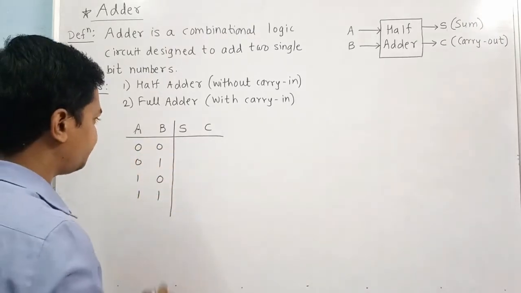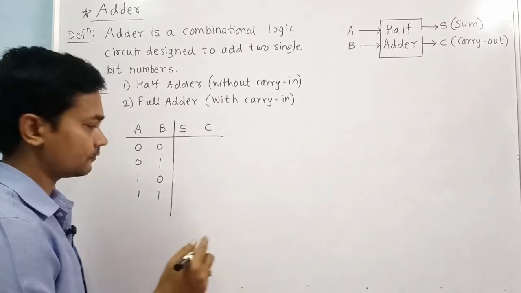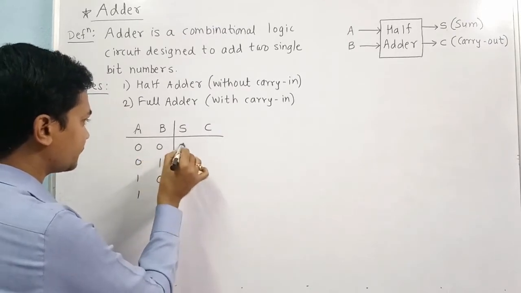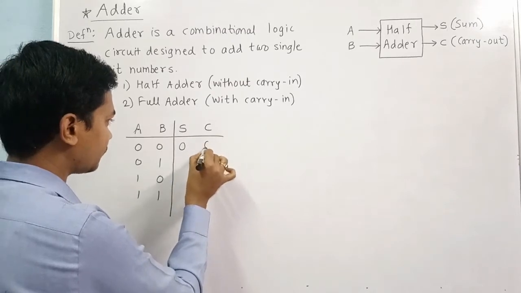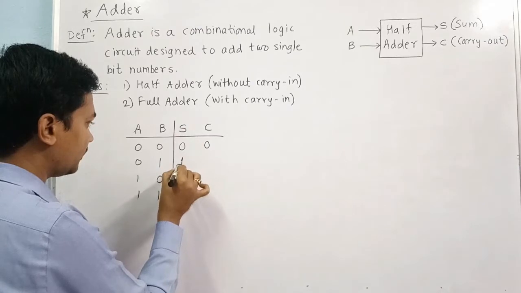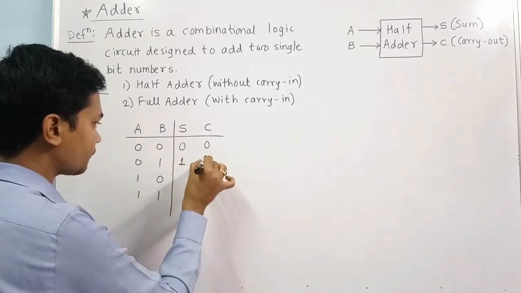Now the sum will give you the 1 bit sum of these A and B bits. Here 0 plus 0 is 0, and the carry is not generated here, so write 0. Then 0 plus 1: the sum is 1, but the carry is not generated from this addition, so write 0.